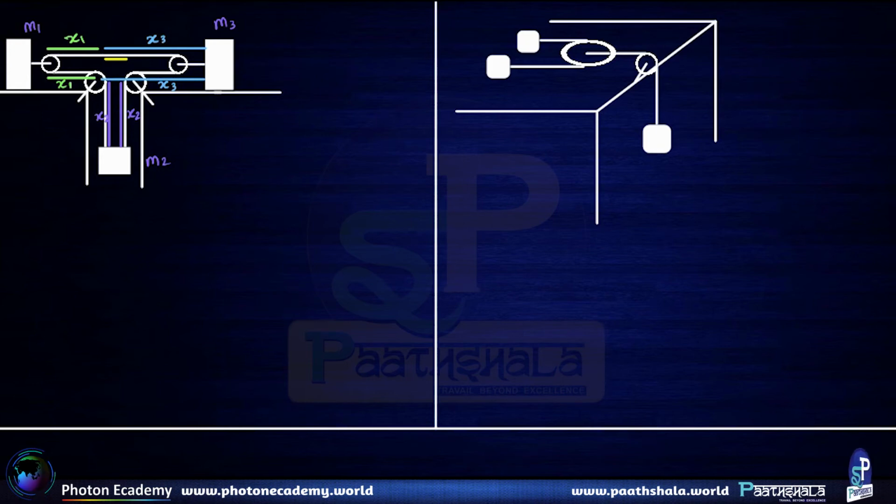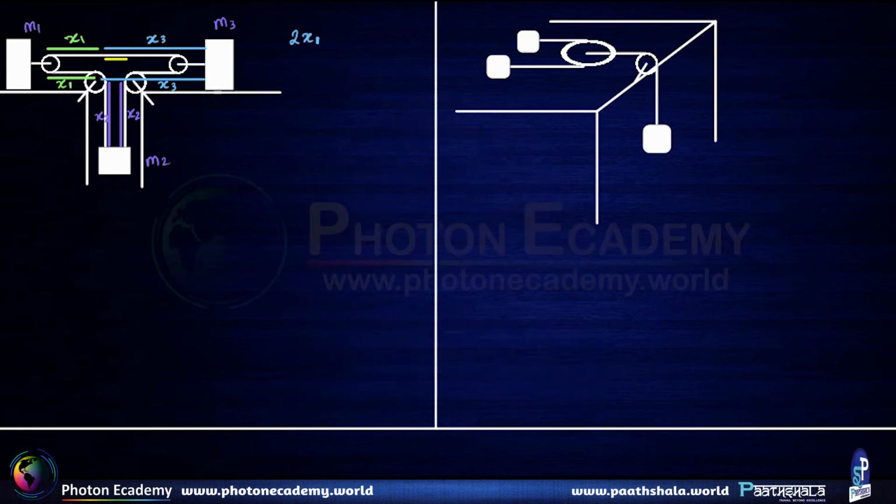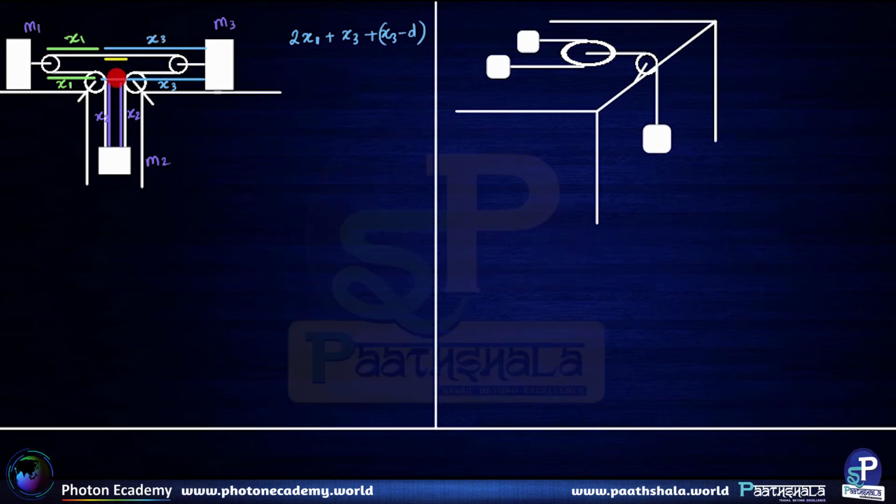So the length of the string can be written down as 2x1 plus x3 plus x3 minus d. So how come this has happened? So this is x3, this whole thing is x3, this whole thing is x3.